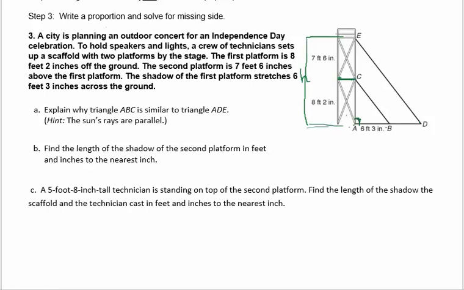So we know that angle A, actually let's call it the way we should, this would be angle CAB is congruent to angle EAD. You could either say by the reflexive property, or you could say that these are both right angles, so the right angle congruence theorem says that all right angles are congruent to each other.